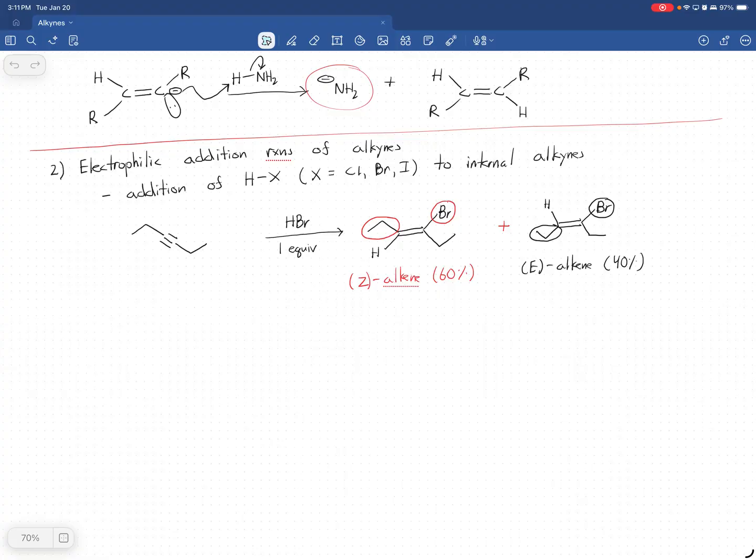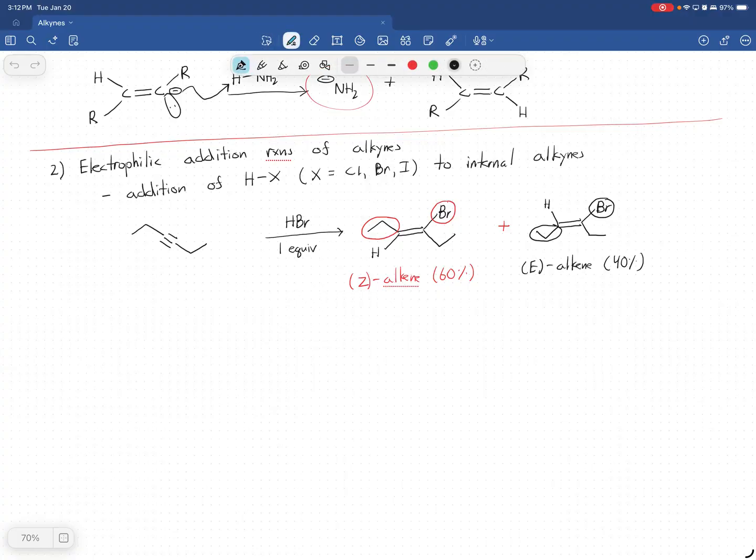Because it's very tricky to predict which one would be favored based on the conditions. Okay, so to save ourselves some headache there, you will want to draw both alkene isomers, okay? And we'll see a situation where it's not symmetrical, okay? Or, there's excess HBr. So we'll talk about that soon.